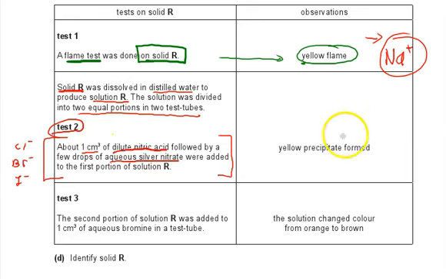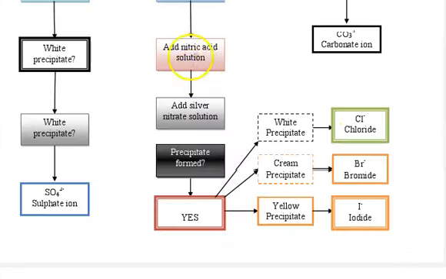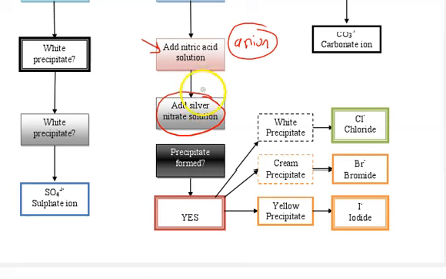Now let us look at the color that they form. So you see here, this is for anion. Add the nitric acid with the silver nitrate. If you look at these two solutions combined, it must be either chloride, bromide or iodide.